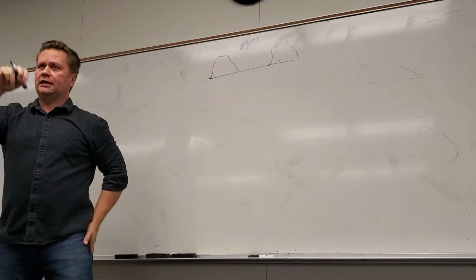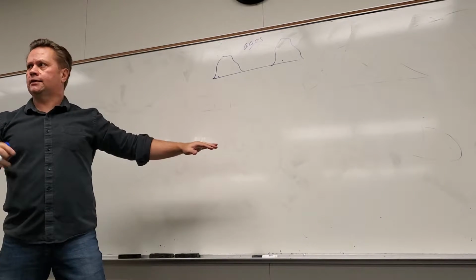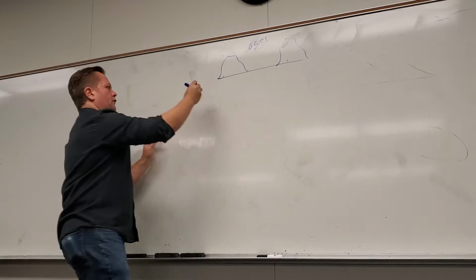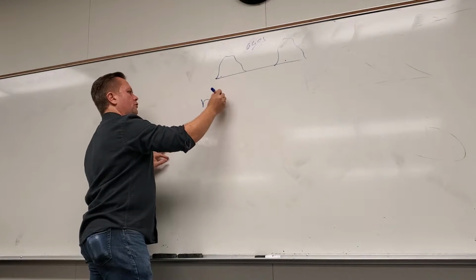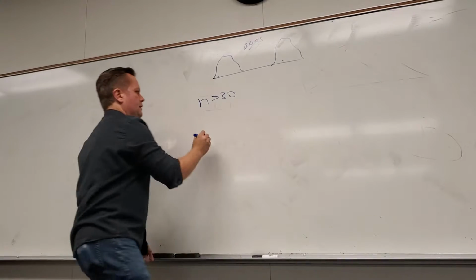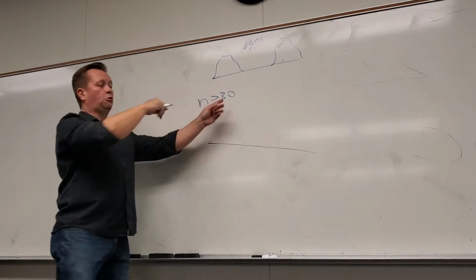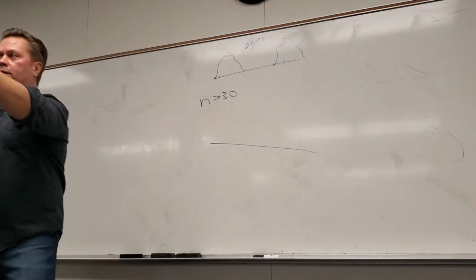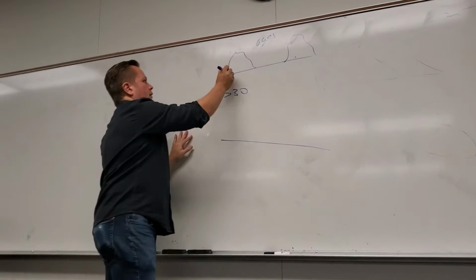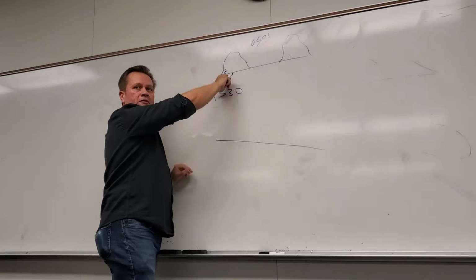So what's really neat, to cut to the chase, I'm not going to redo what I did last time, because it's on video. It's up on YouTube, it's on the internet. If I have a sample greater than 30, which means a group of more than 30 people, how likely is it that I get only people that are here?